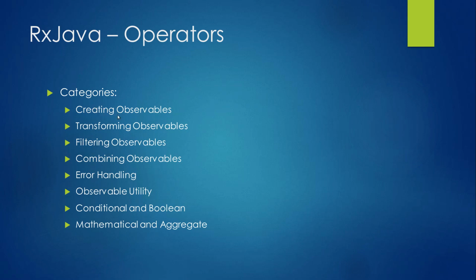So we have the creating observables that can create emitters or observables. I try to use emitter every time because observable can be confusing, as we have the emitter that's called Observable. So when I say creating observables, I mean creating emitters. I think you got it.